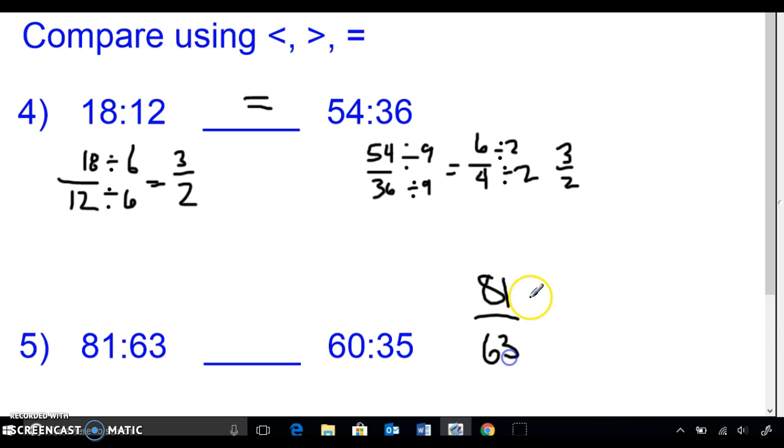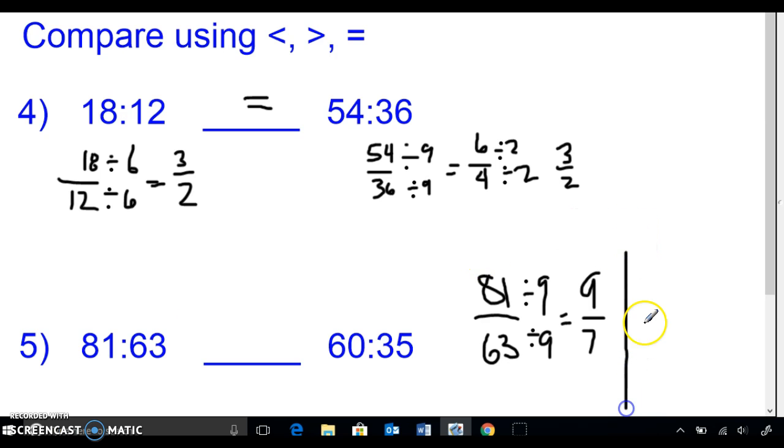81/63, and I could divide these both by 9. And when I do 81 divided by 9, I get 9. And then 63 divided by 9 is 7. So this is 9/7.